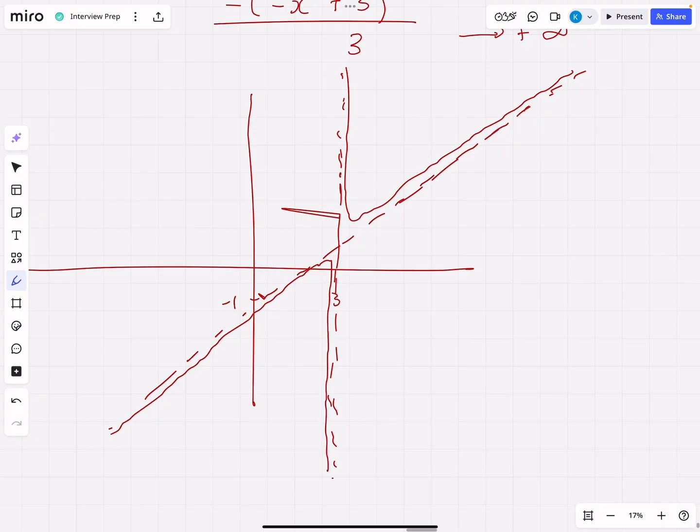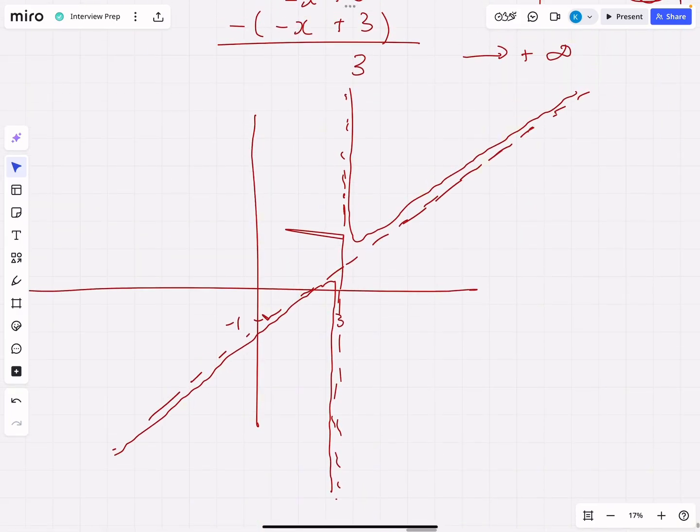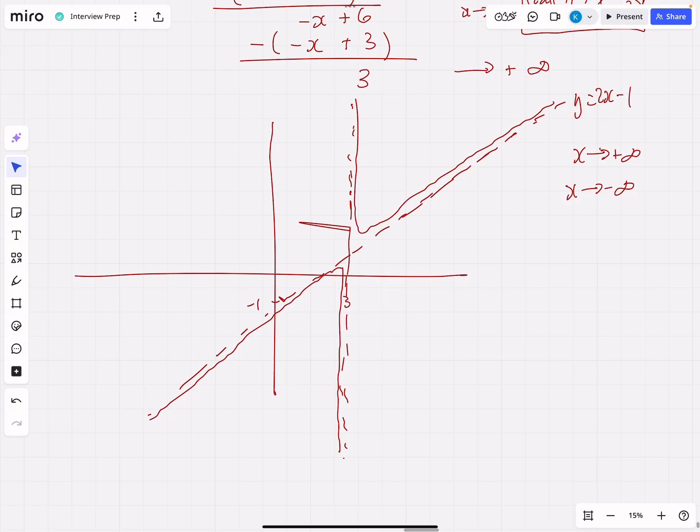And we say that our function is asymptotically equivalent to y equals 2x minus 1 as x tends to positive infinity and as x tends to negative infinity. So that's an example of an oblique asymptote.